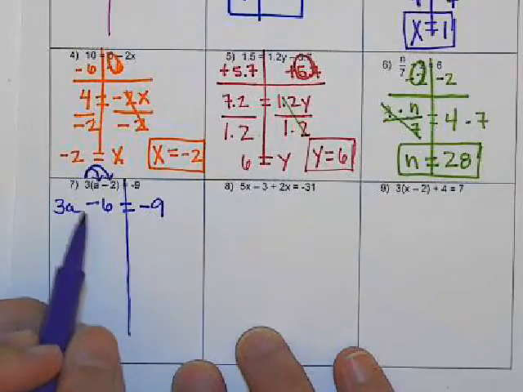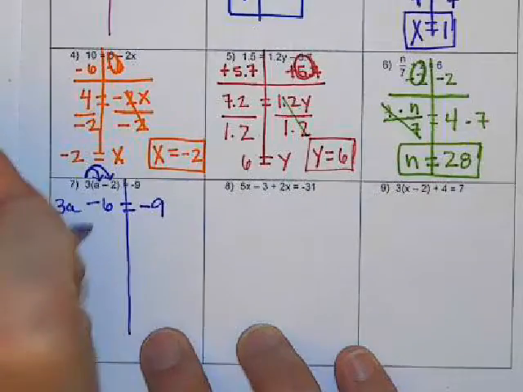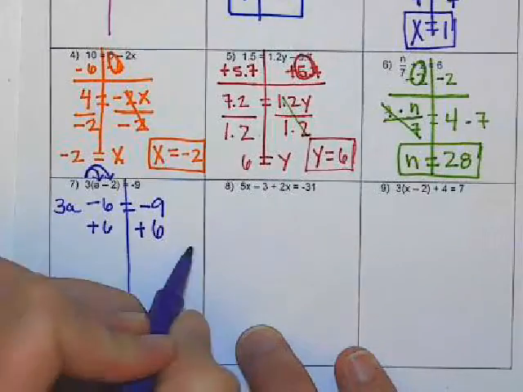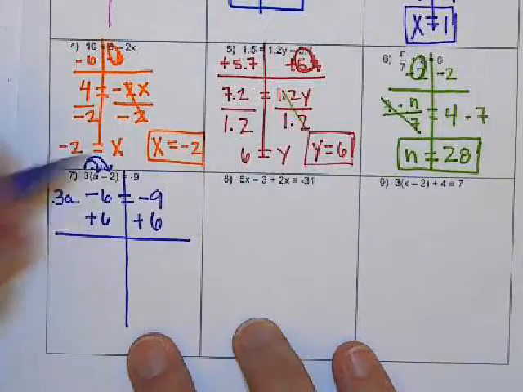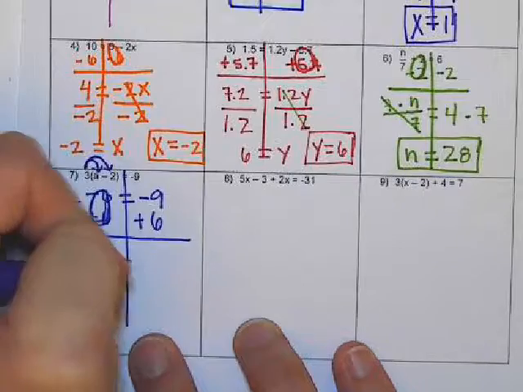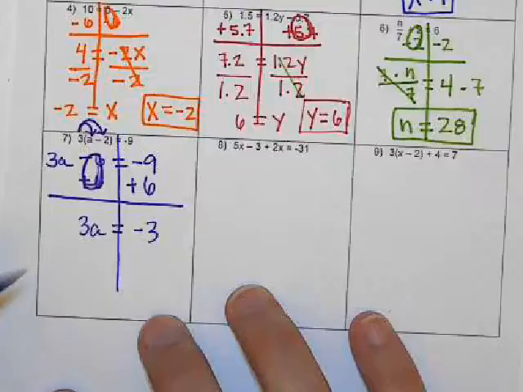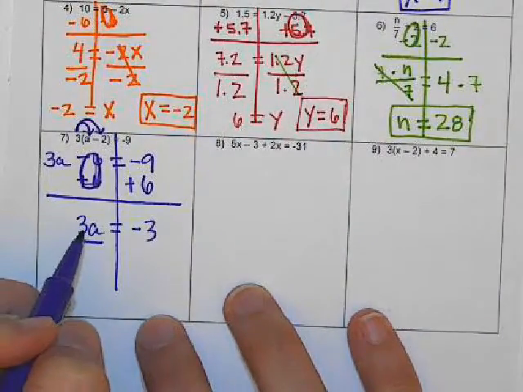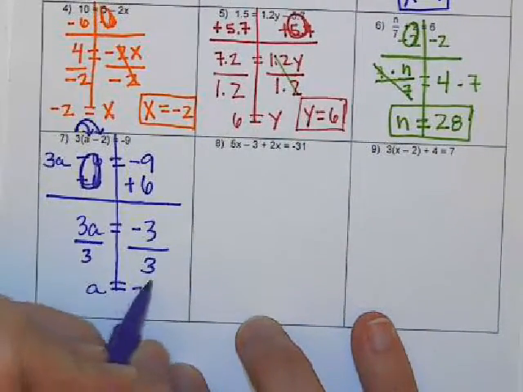Negative 6. What's the opposite of a negative 6? A positive 6. Good. What I do to one side, do to the other. Now I'm adding, so I'm going to draw my line. Negative 6 and positive 6 give me 0. I'm left with 3a equals negative 9 plus 6, which is negative 3. Is a by itself? No, so I have to divide by what is right in front of a. 3. A equals negative 1.